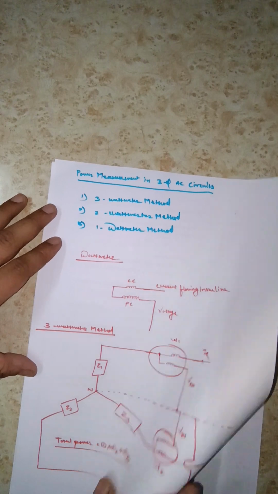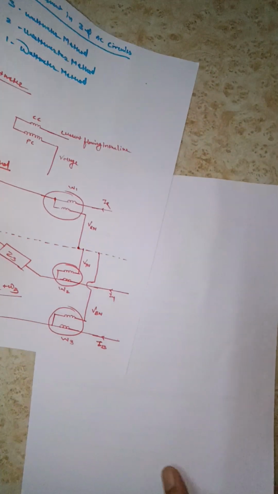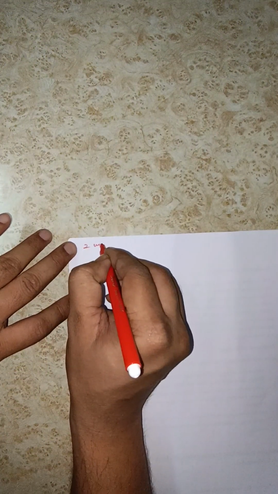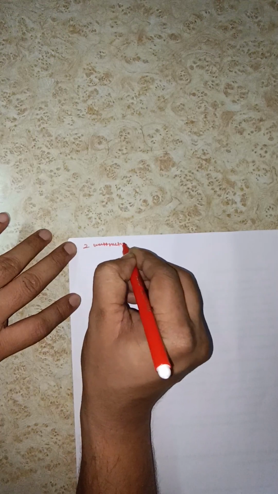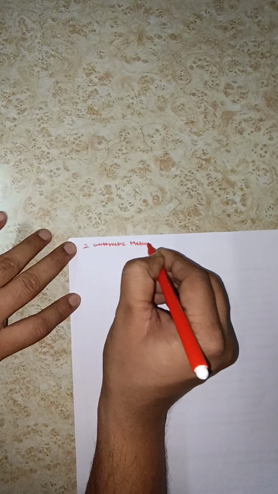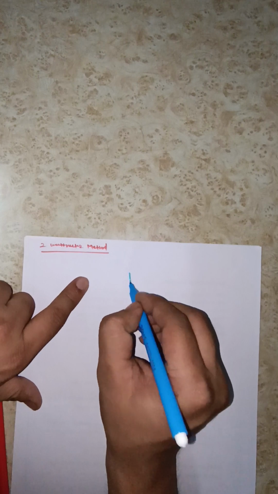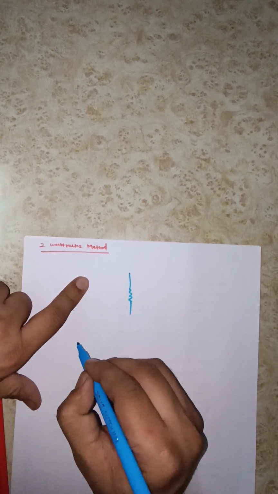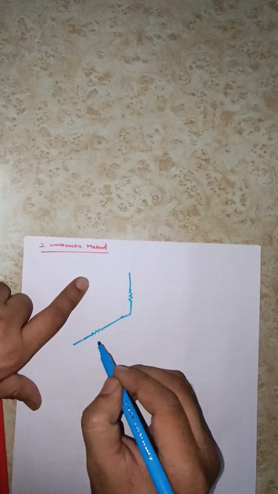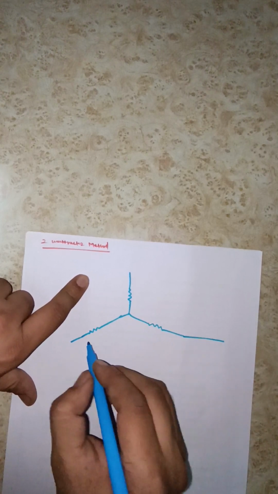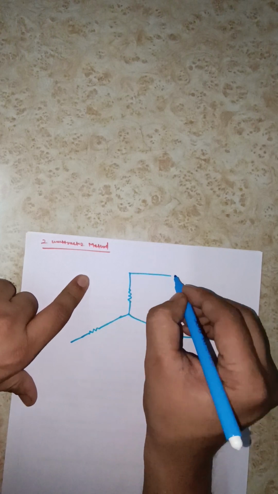Now we will go with the 2 wattmeter method, the main important concept that we have to learn. We will connect the wattmeters in any two branches and make one branch common.